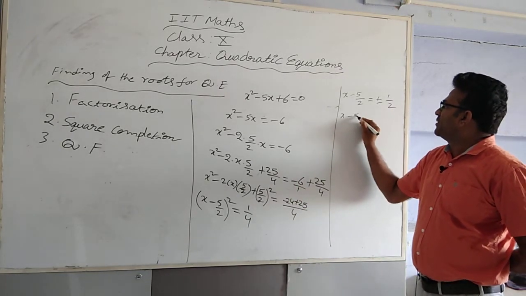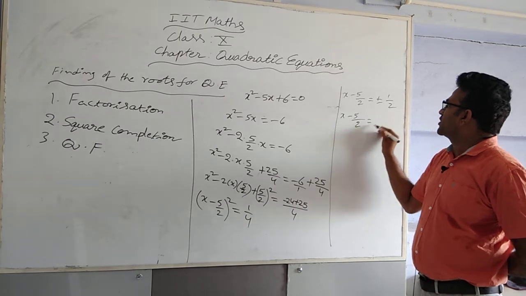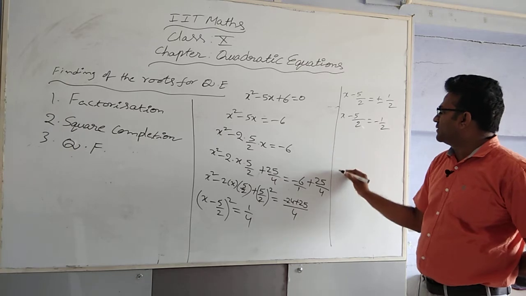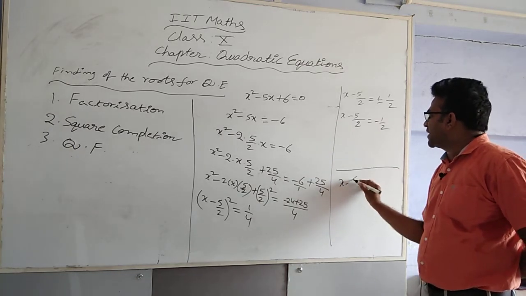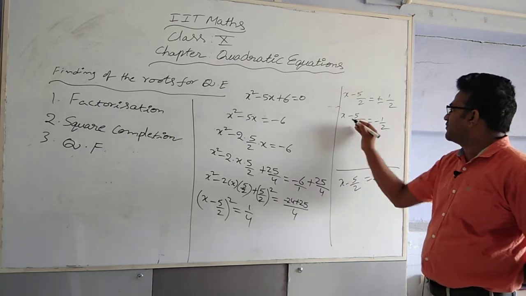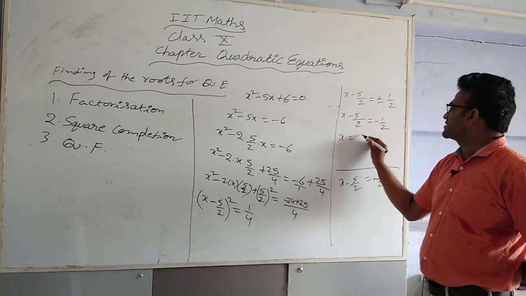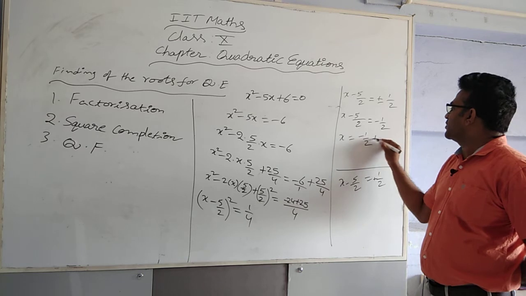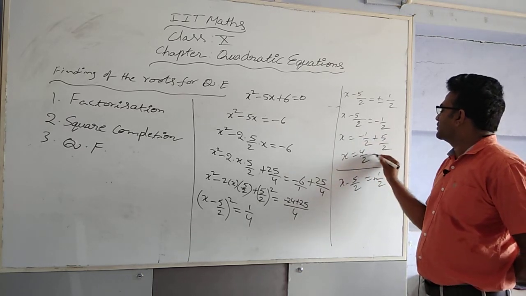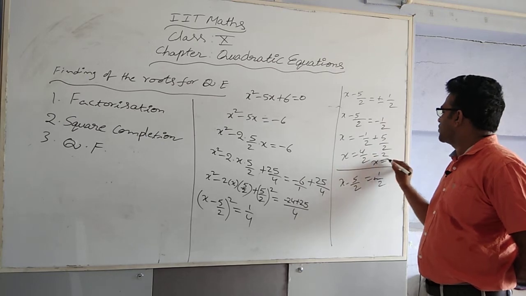I get x minus 5 by 2 equal to minus 1 by 2 and another one, x minus 5 by 2 equal to plus 1 by 2. First I solve this one: x equal to minus 1 by 2 plus 5 by 2. It is 4 by 2, that is equal to 2. Finally x is equal to 2.